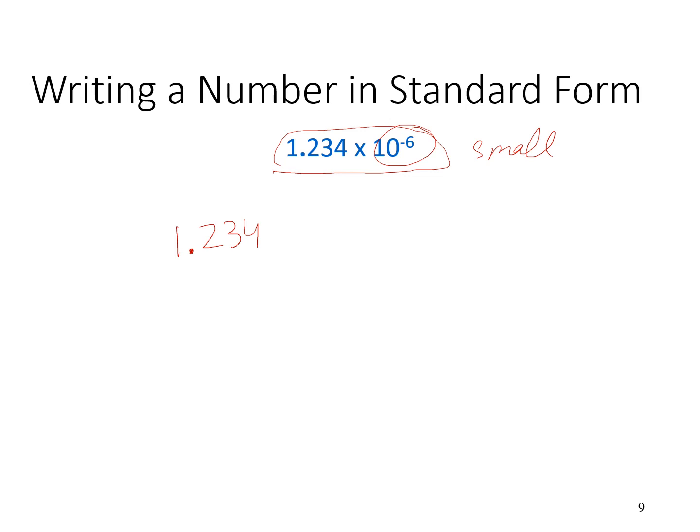How do you do that? You do the exact same thing that we did when we were writing the scientific notation. I take the decimal right here, I move it 1 place, 2, 3, 4, 5, and 6. So decimal has to be somewhere right here.